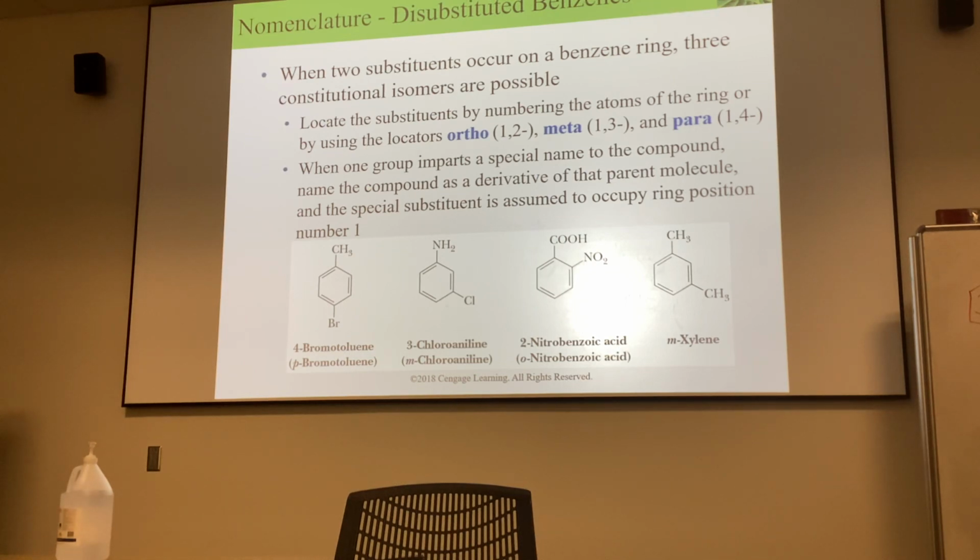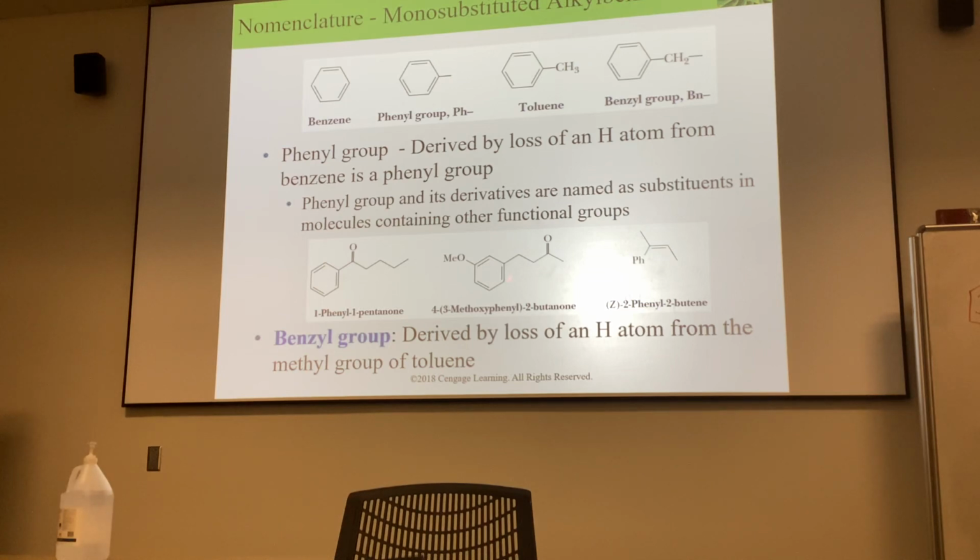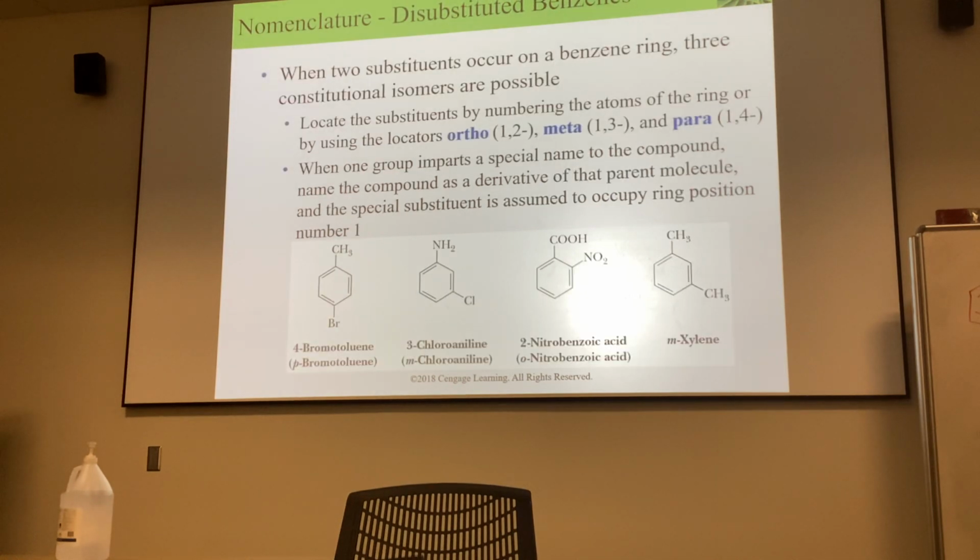So if we just had 6 single bonded carbons coming off of here, we'd call it hexyl benzene. We probably wouldn't even have to say 1 because with rings you don't have to. Hexane, hexyl benzene. Yeah, I think so. Anyway, who cares?